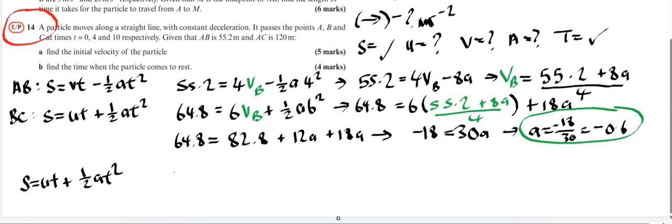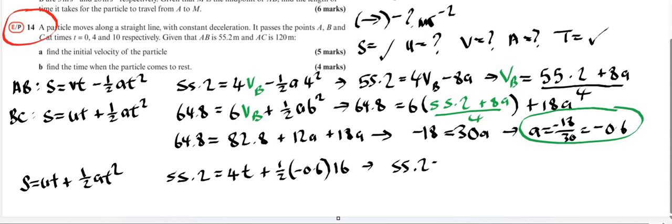I know my distance is 55.2, and I've got ut, so my time is 4u, and I'm going to add half of my acceleration, which is minus 0.6, times t squared, which is 16. So 55.2 equals 4u minus 8 times 0.6.